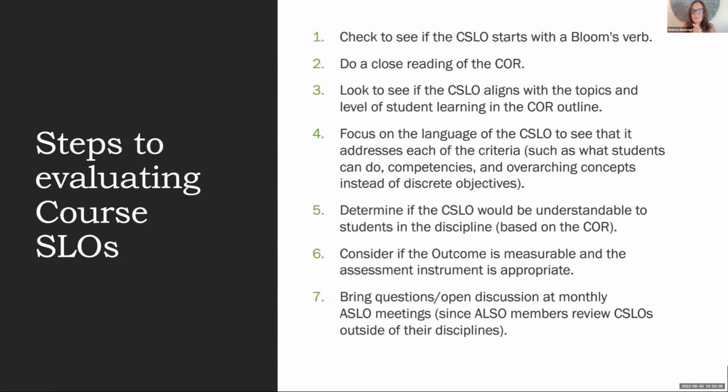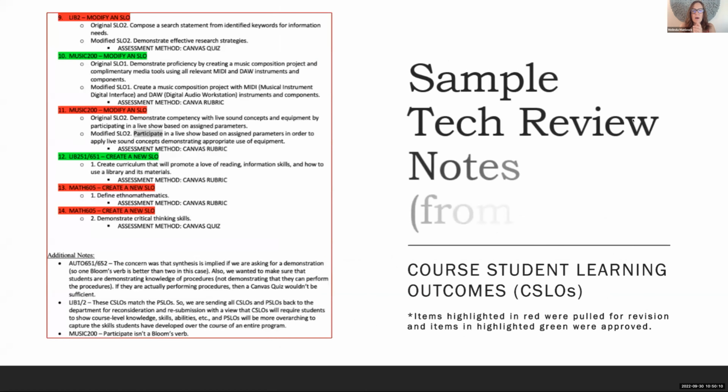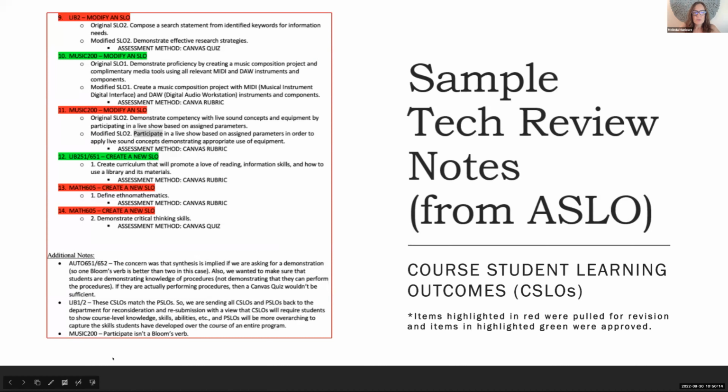So I think we have, Tricia, if we have the next slide, an example of tech review and some tech review notes. We've highlighted in red those submissions that needed reassessment to be reviewed and probably sent back and redone.